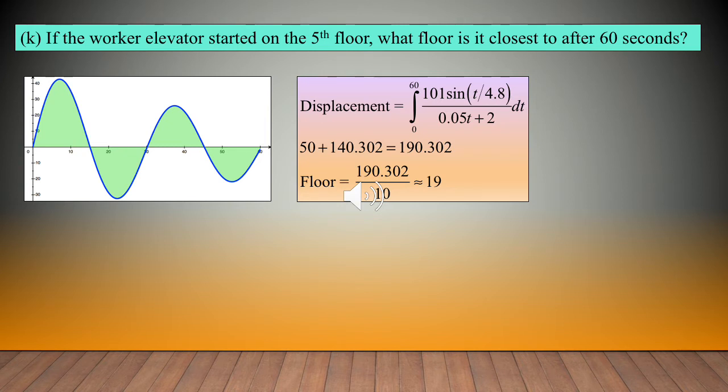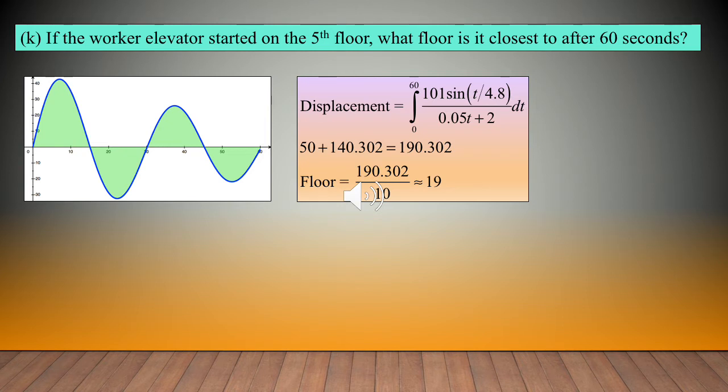Below the x-axis is when the elevator is going down. And therefore we have positive area and negative area. And that is simply the integral from 0 to 60 of the v function, 101 sine of (t over 4.8) over (0.05t plus 2) dt.